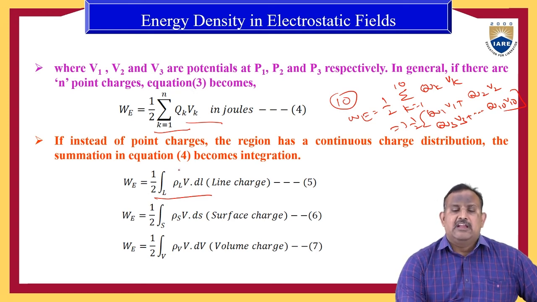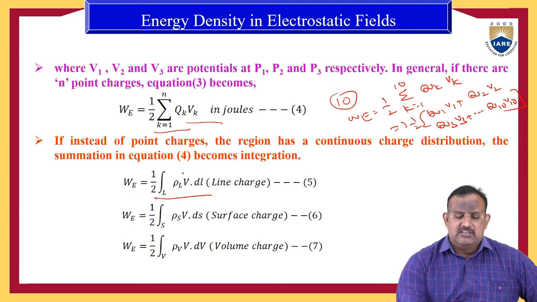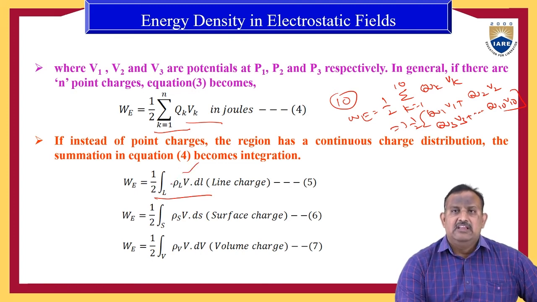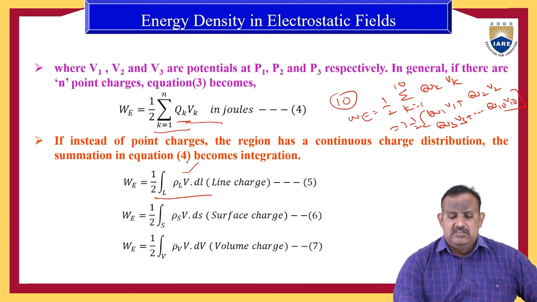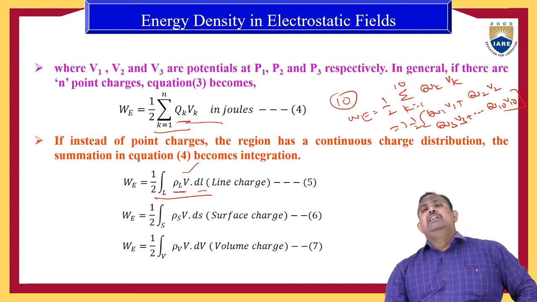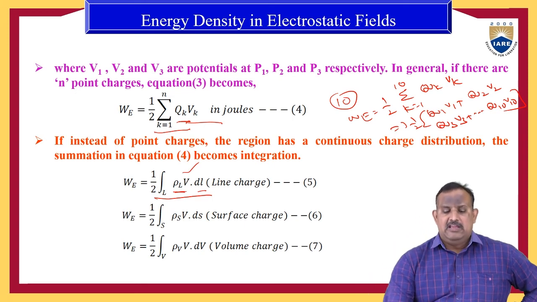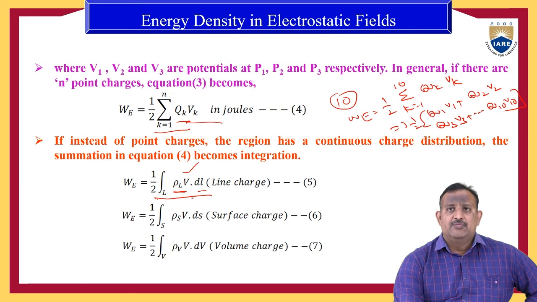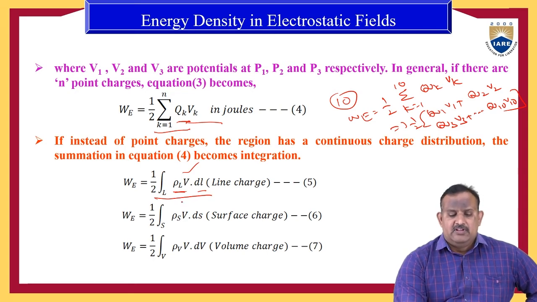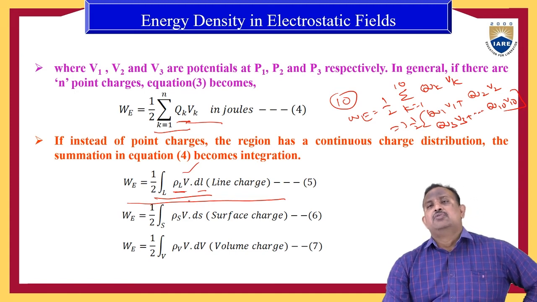Therefore, half into the line integral, where in place of point charge I am assuming rho L into DL, which is a line charge. Potential is again the potential, and the equation becomes W is equal to half into the line integral of rho L into V into DL.